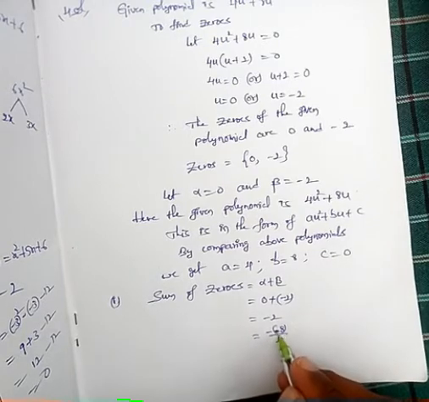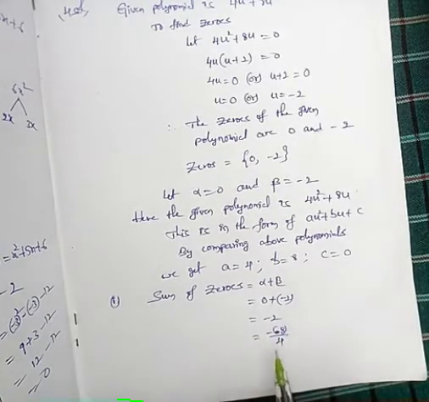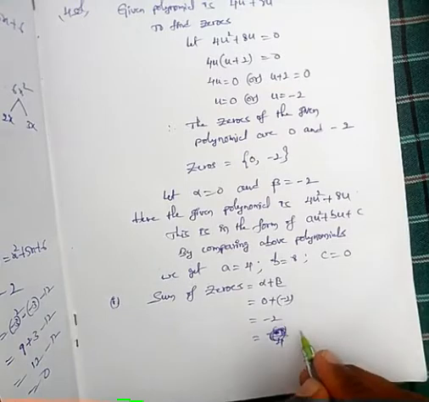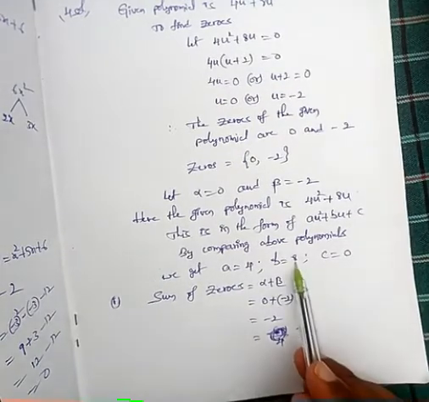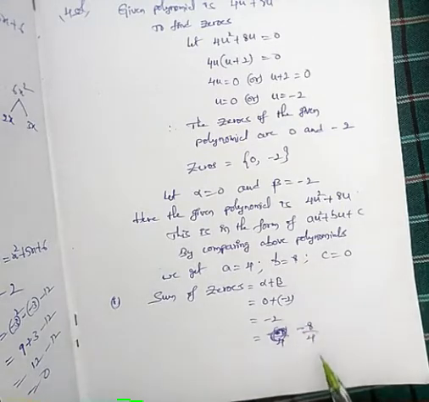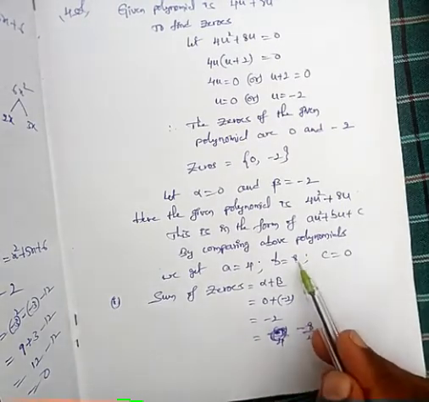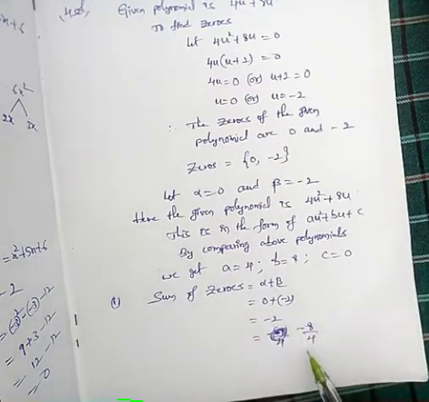Sorry, here I wrote 2 minuses. Right, just one minus only, -8 by 4, because b is 8 and we need minus b by a. That's why minus b means 8, a means 4. And if you simplify this -8 by 4, you can get -2.